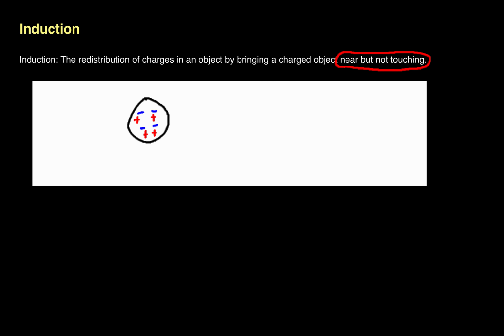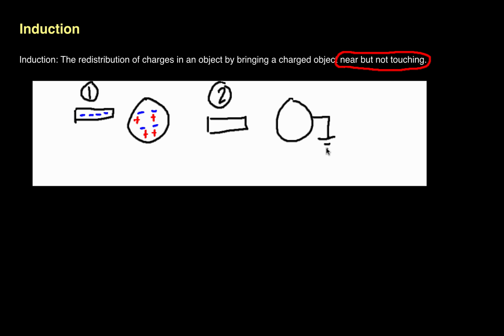In the first stage, we bring the object we're going to use to charge it near it but not touching it. In this case, I'm going to bring a negatively charged rod near it but not touching it. In the second stage, you ground the conductor, leaving the negatively charged rod near it.